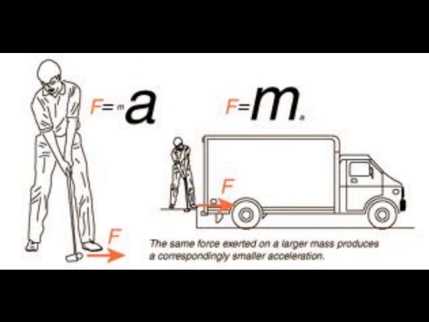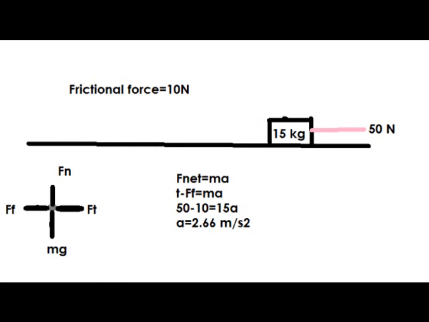Now, if the forces are unbalanced, the object will accelerate. Newton's second law states that the acceleration of an object is directly proportional to the net force and inversely proportional to the mass. So we can use the formula F net equals ma. Let's try an example. A 15-kilogram package is being pulled across the floor by a tight rope with an applied force of 50 newtons.